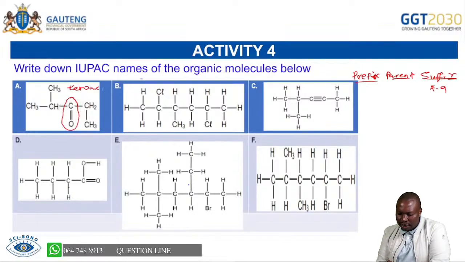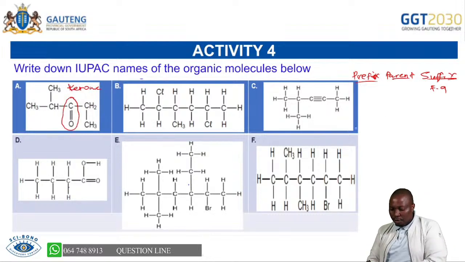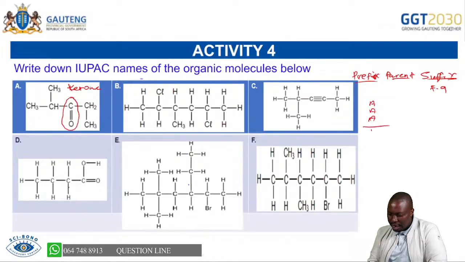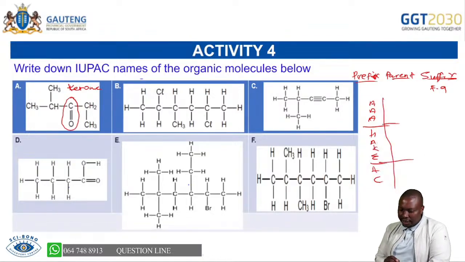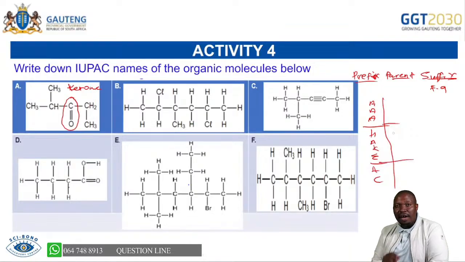Remember, we said in our studies here for grade 12, under the 9 homologous series that we are doing, only 3 have 1 oxygen. I usually just call them A, K, A, so that you will remember: an alcohol, an aldehyde, and a ketone.